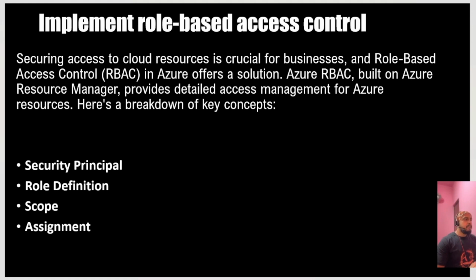Here you associate a role definition with a security principal at a specific scope. You understood? Examples could be assigning the user access administrator role to an admin group in a management group, and assigning contributor to a user in a subscription. That's an example. So let's move on to another slide.